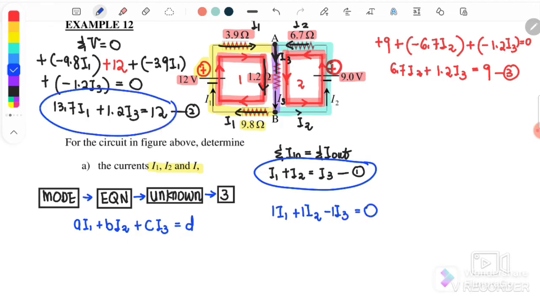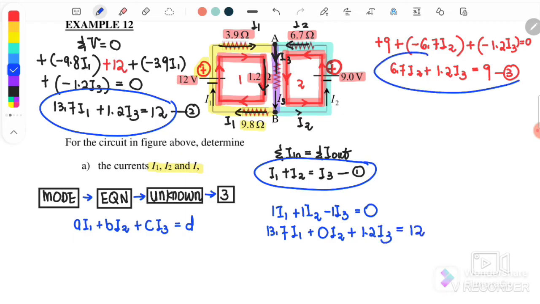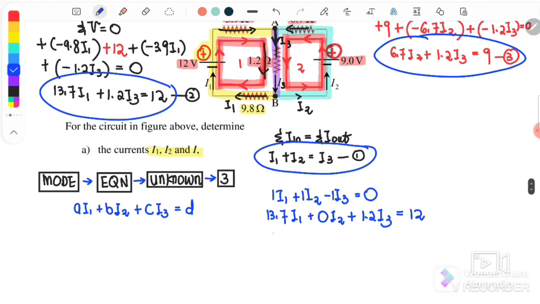The second equation is 13.7 I1 plus 0 I2 plus 1.2 I3 equals 12. And the third equation is 0 I1 plus 6.7 I2 plus 1.2 I3 equals 9.